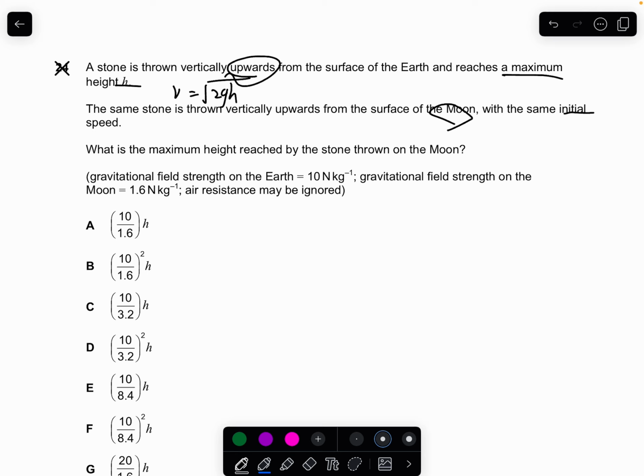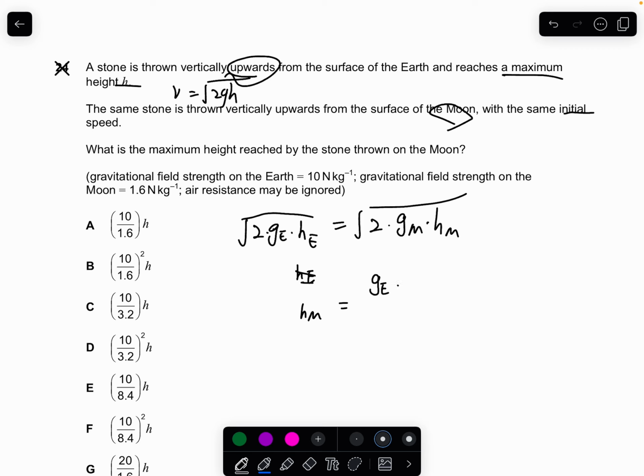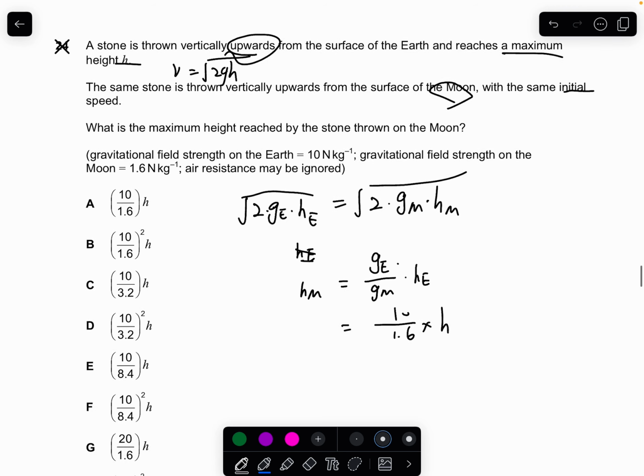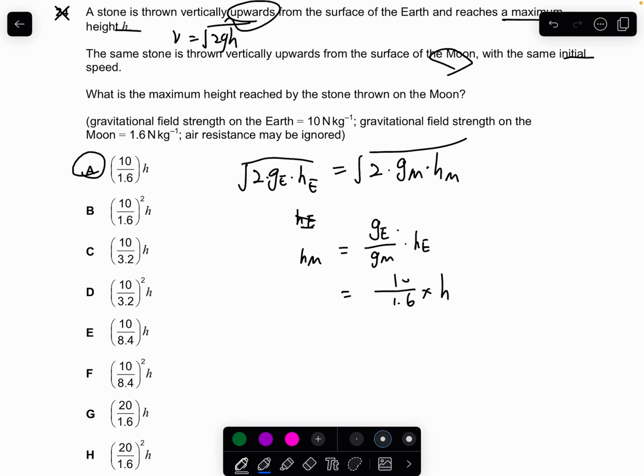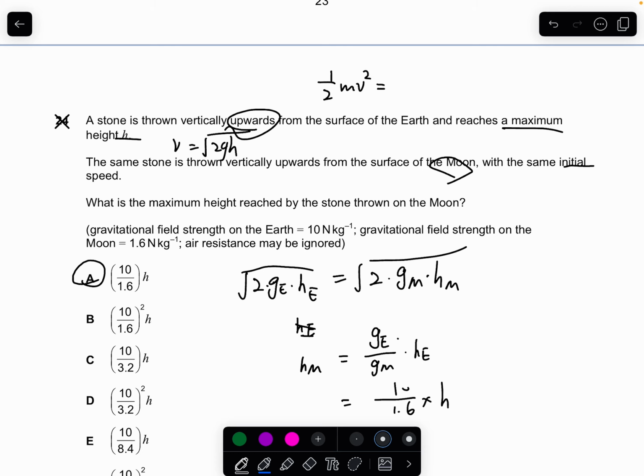The maximum height reached by the stone on the moon, so 2 times g earth times h equals 2 times g moon times h, with h_e and h_m. h_m would be g_e over g_m times h_e, and this is, okay. So, let me check again. Okay, correct.